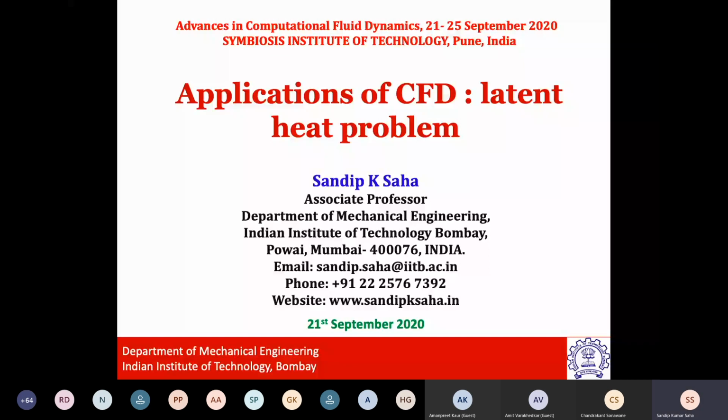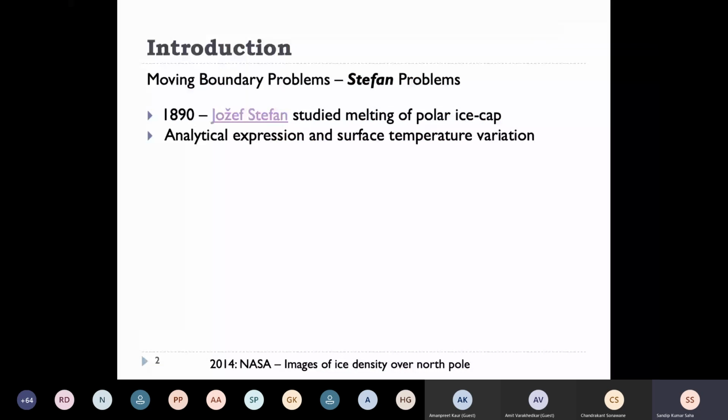First, this problem was analyzed by Stefan in 1890. So it is not a very new subject. This is a very old subject, and from there the problem started by Stefan, who actually analyzed ice water melting.